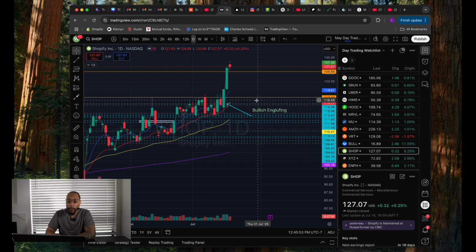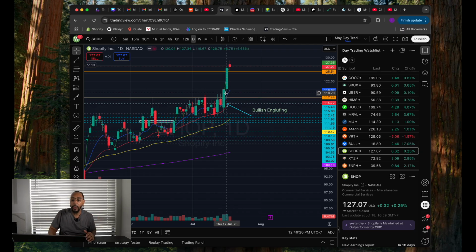A bullish engulfing candle is a bullish candle, which is a green candle with strong buying pressure. It engulfs the red candle that is previous to it. So I want you to think about somebody giving you a smothering hug, a big old hug. They're engulfing you. So that's what a bullish engulfing candle is.